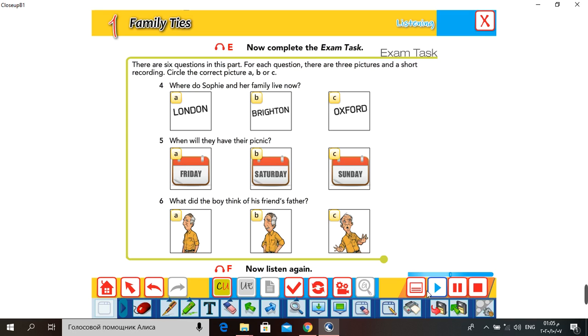They live a long way away, and we're travelling up on Friday. We could go on Sunday, though. OK. I'll ask Mum to get some things at the market on Saturday morning. That's great. Thanks. 6. What did the boy think of his friend's father? I'm a bit scared of your father. He looks very serious. Oh, don't worry. That's just because you haven't met him before. So he's not always like that? Not at all. He's actually very friendly and relaxed.